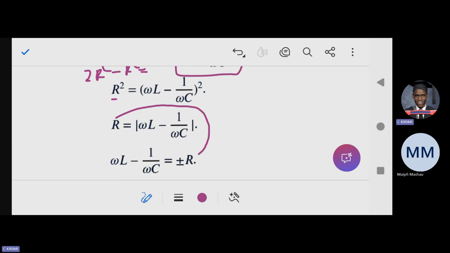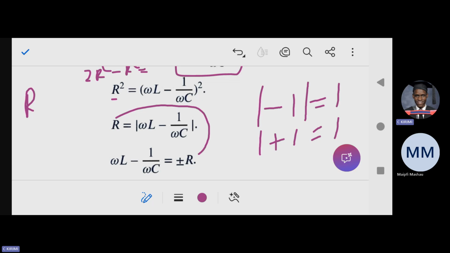So the R can never be negative. An absolute means if it's a negative number, the absolute of -1 is equal to 1, and the absolute of +1 is equal to 1.